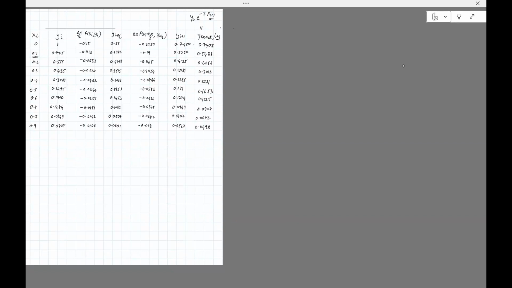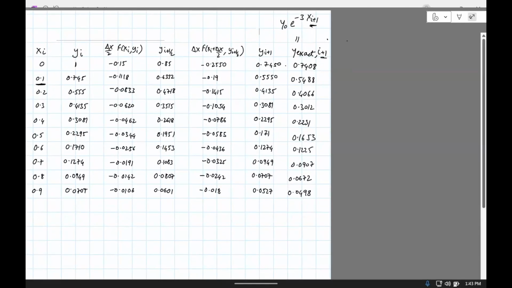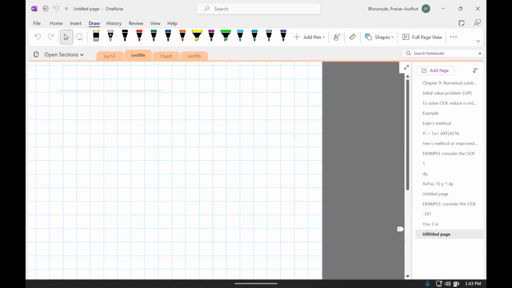Okay, so the next part is to try this on the Runge-Kutta method. So for that, let's write the formula down.